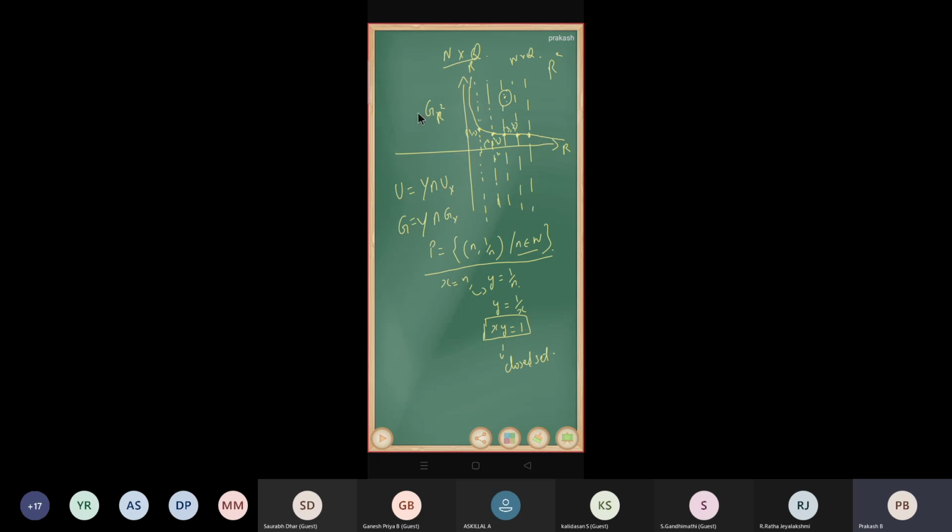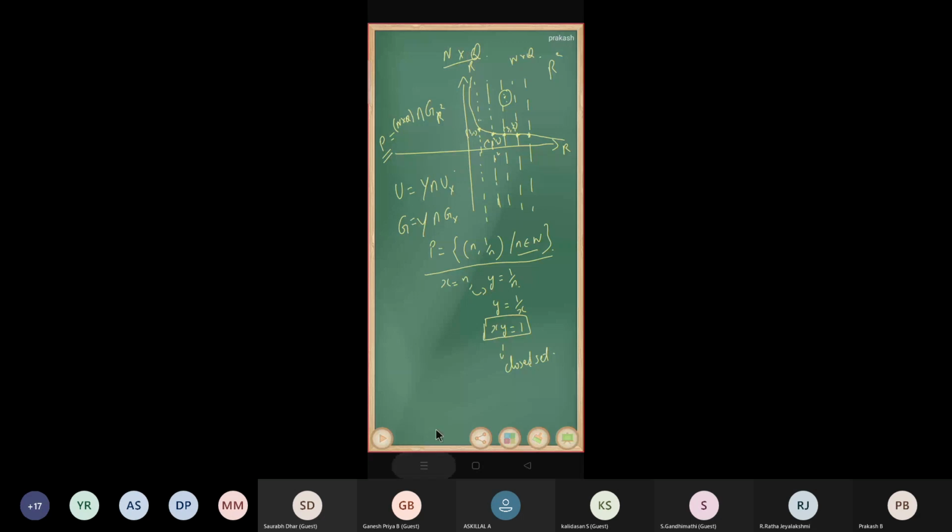We take its intersection with our subspace, that is N cross Q, and then we get the set P. So it will be closed in our subspace topology. Therefore, P is closed.